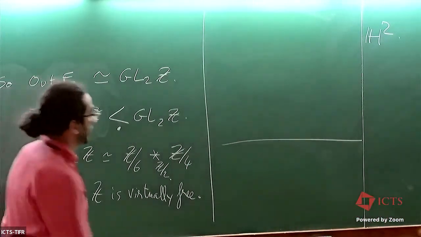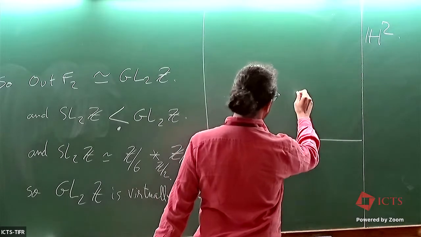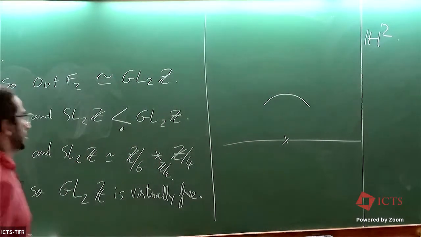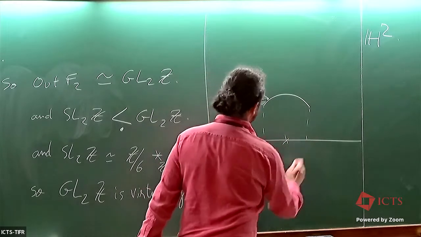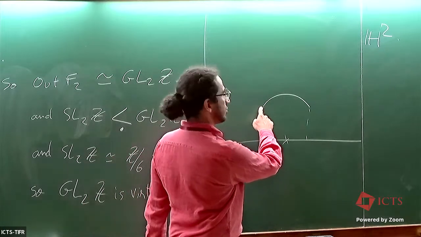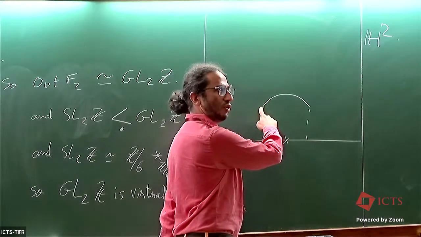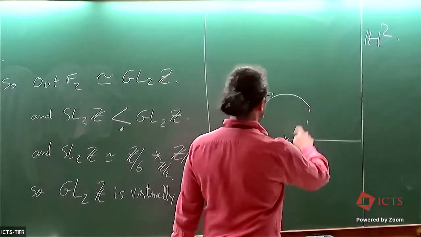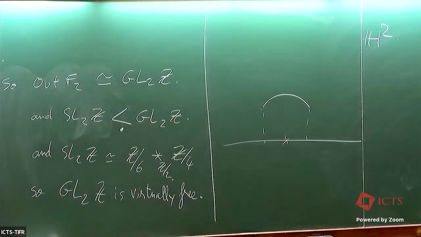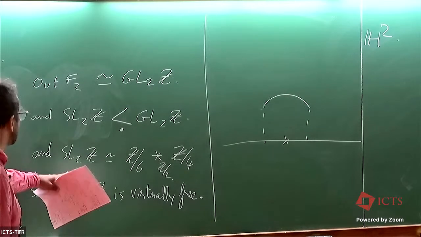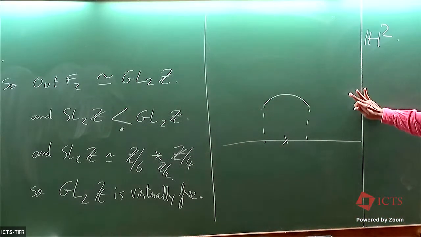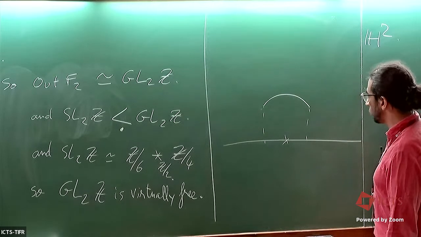And if you look at the unit circle and the arc on the unit circle between exp(2iπ/3) and its symmetric, and you look at its orbit for the group SL2(Z) acting on H² by Möbius transformation, then it will start to draw a nice tree.